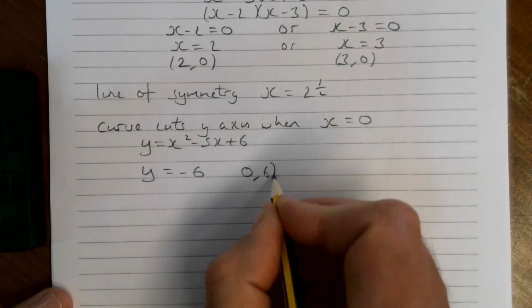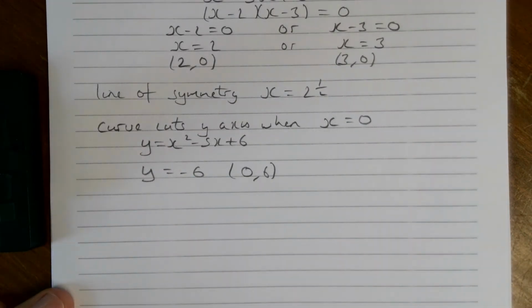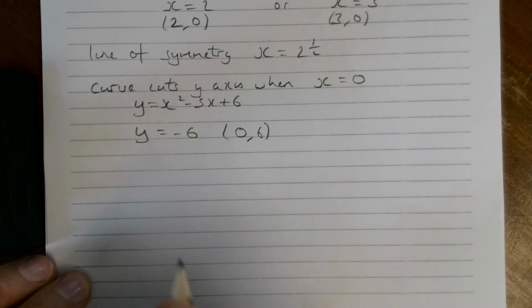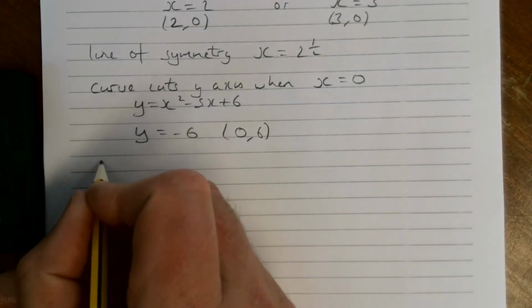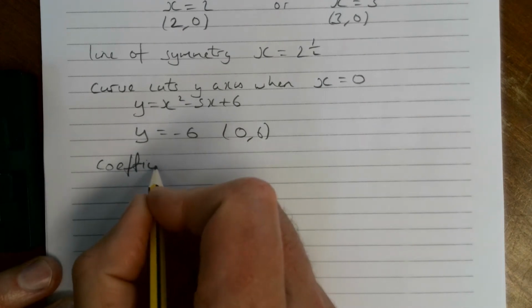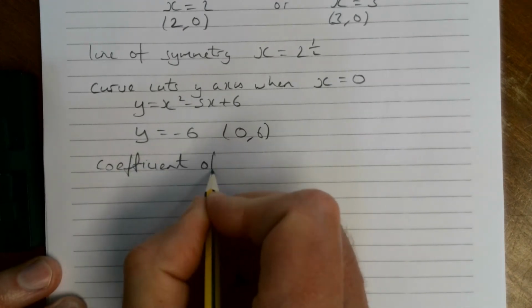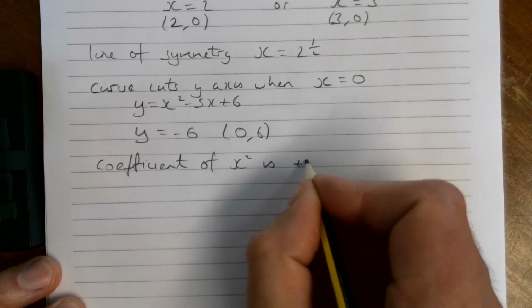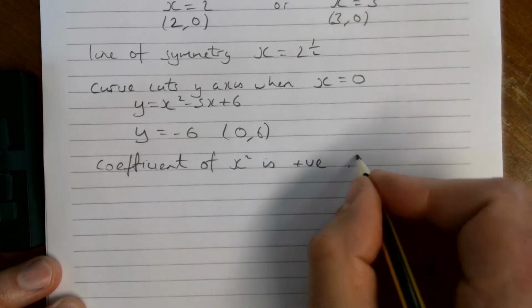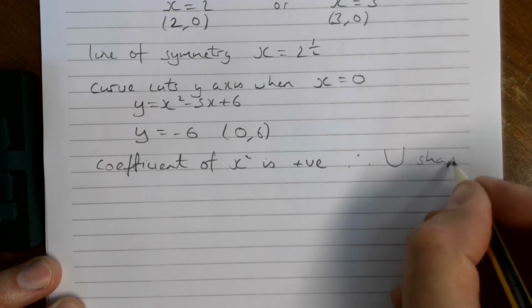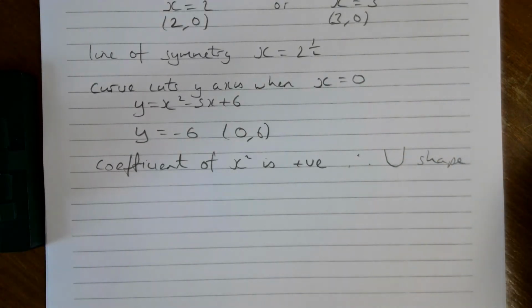So that's the point then, 0, 6. The other piece of information that we know about this is that the coefficient of x squared is positive. Therefore, it's going to be a U shape rather than an N shape.